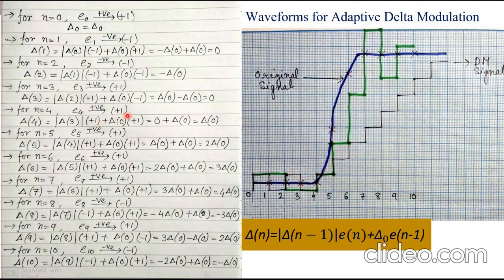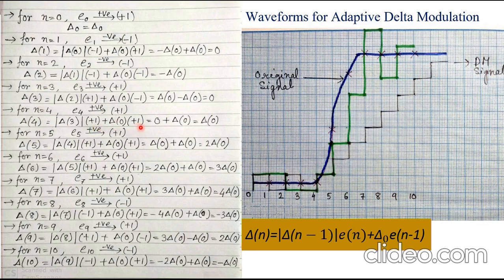So delta 4 equal to, that will be mod of delta 3 into, this error is positive, so it is plus 1, plus delta 0 into previous error, that is also plus 1.